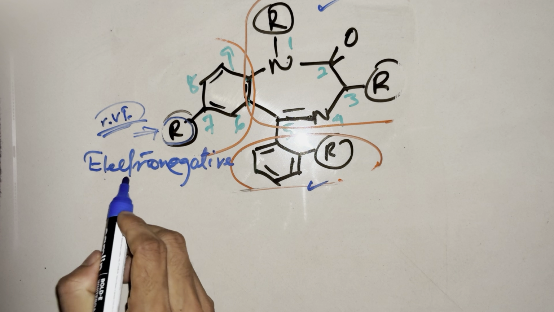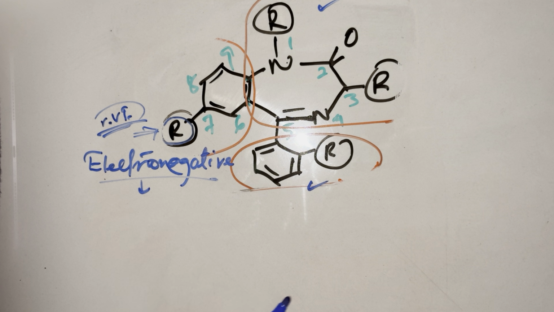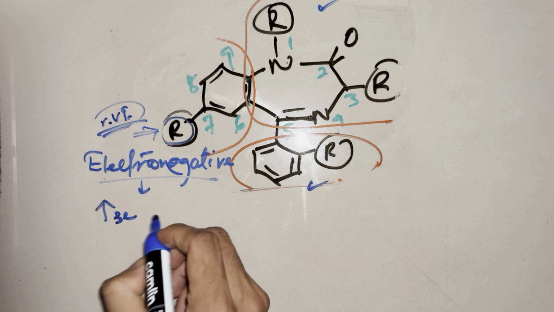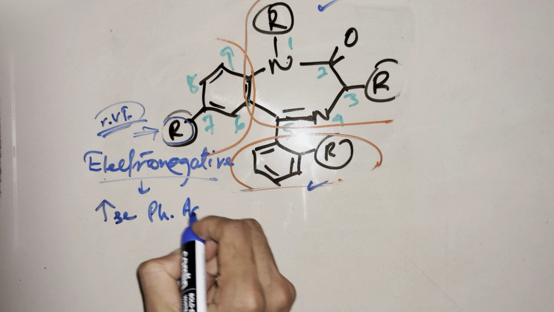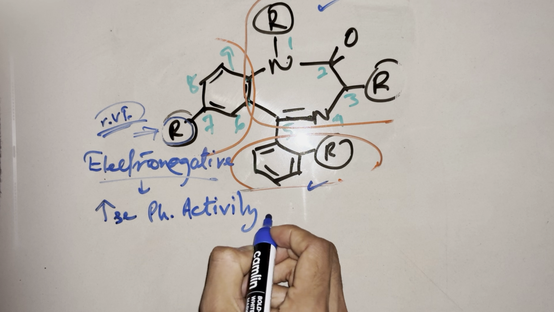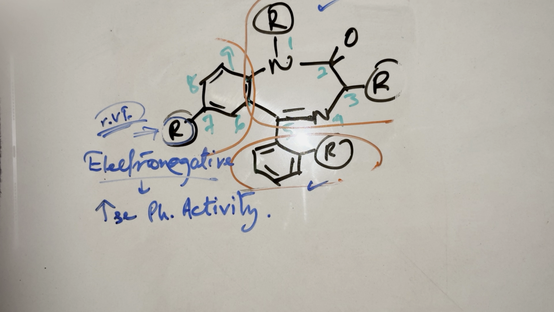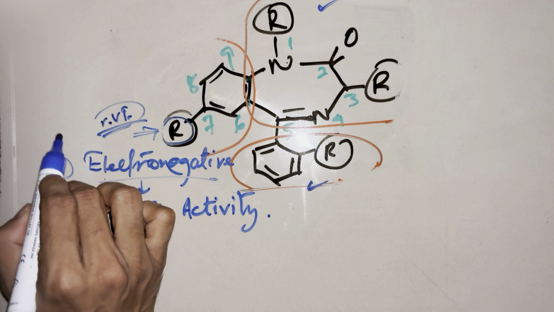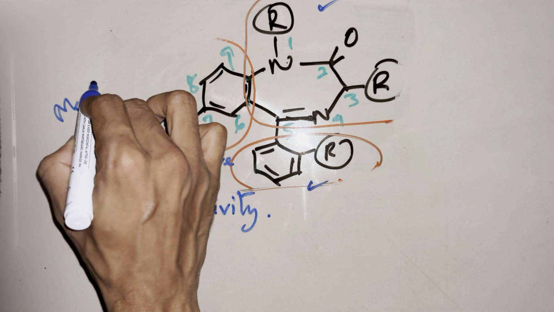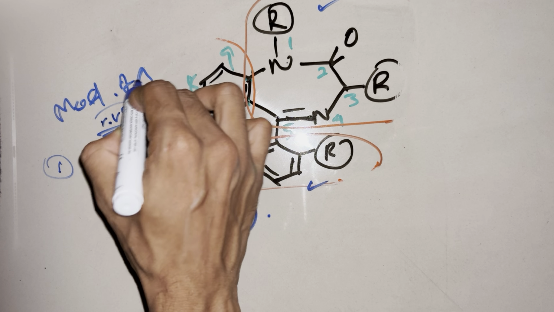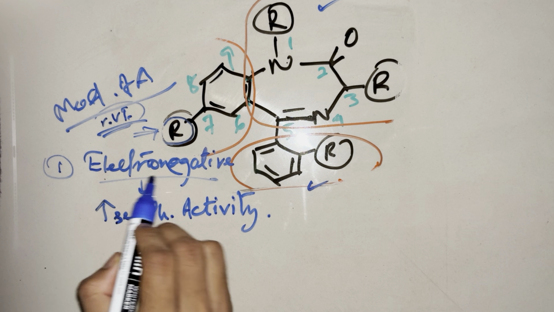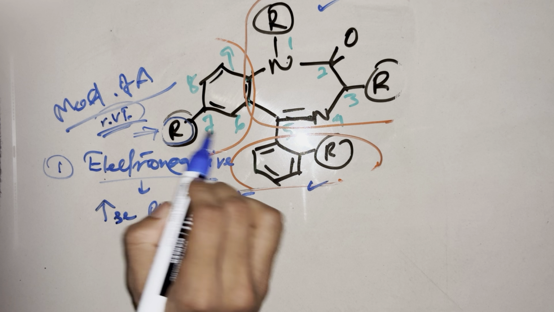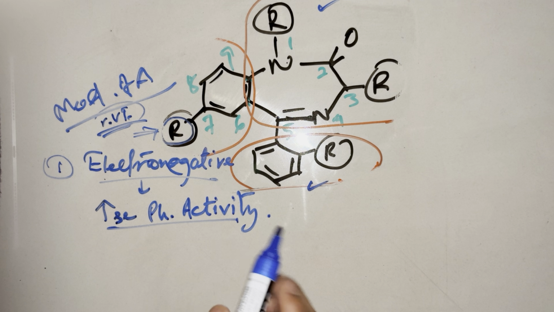So what will happen if a highly electronegative group is present at the 7th position? It will increase the pharmacological activity. Okay, next, this is point 1, the modification of ring A. In that you will write point 1: in the 7th position a more electronegative group should be there. So a more electronegative group will increase the pharmacological activity.